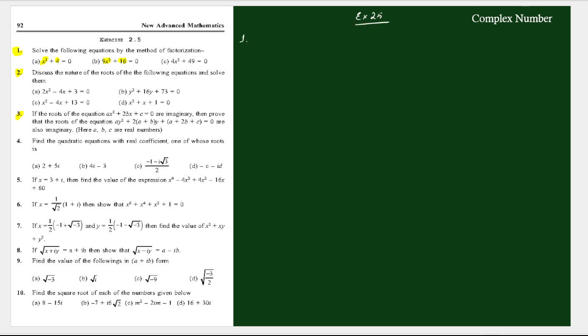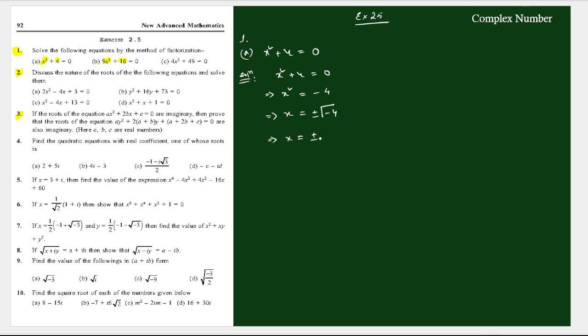Question number 1. So x square plus 4 equal to 0. Take +4 to the other side, it becomes -4. So x square equals -4, so now x will be plus minus root over of -4.